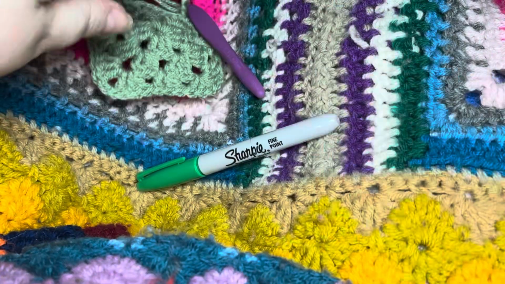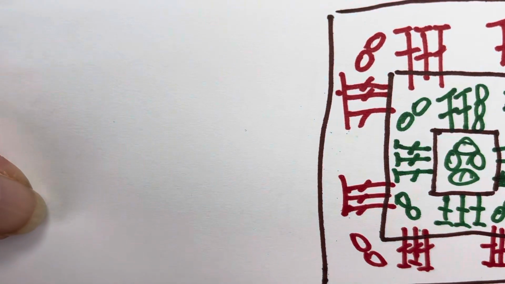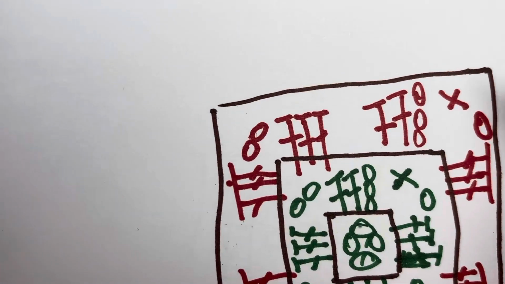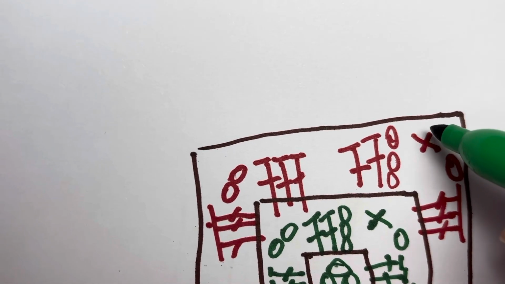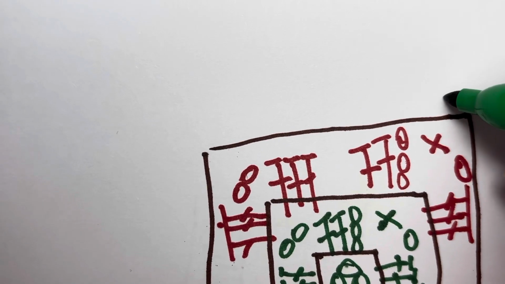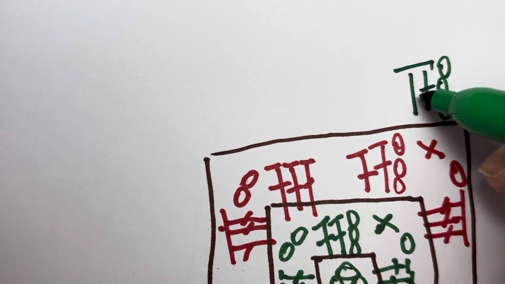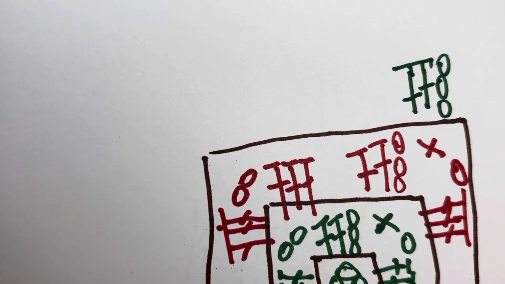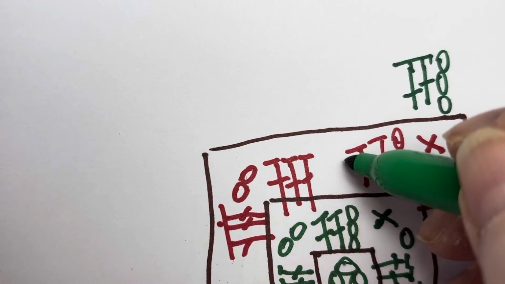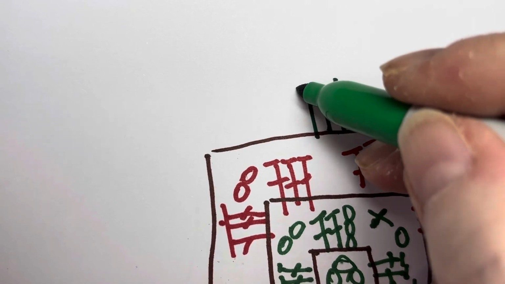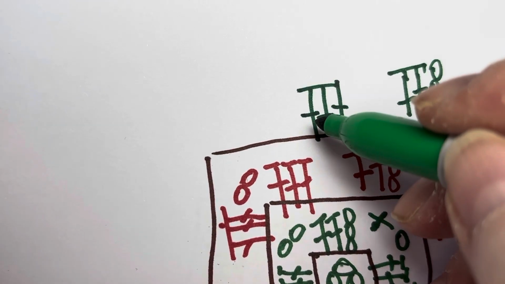Okay, so let's go back. We need green, and so whoops, sorry, out of screen. We're starting from our single crochet, and we're coming up 1, 2, 3. We're going to do 2 double crochet. Then in the space between, we're going to do 3 double crochet, straight over to the next corner.